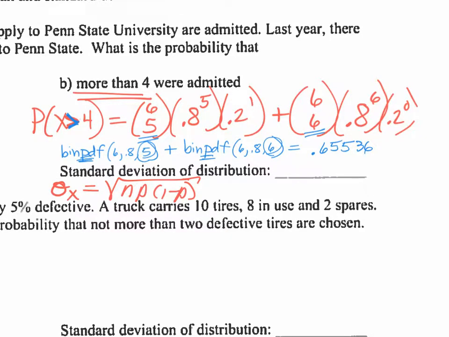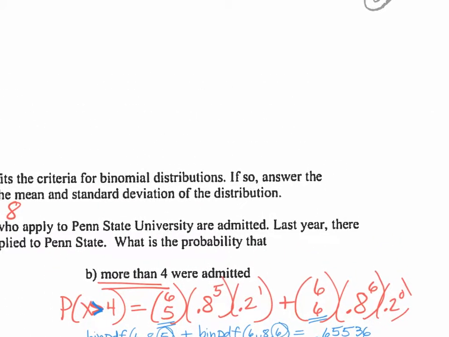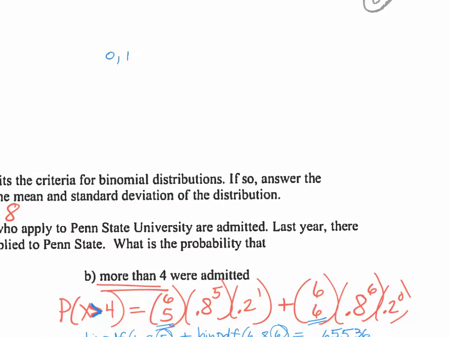Now, if you were wondering, there is an alternative way to do that problem, because if you have this situation and you want this 5 and 6, then the other way you could do this is by taking off this bottom 4.